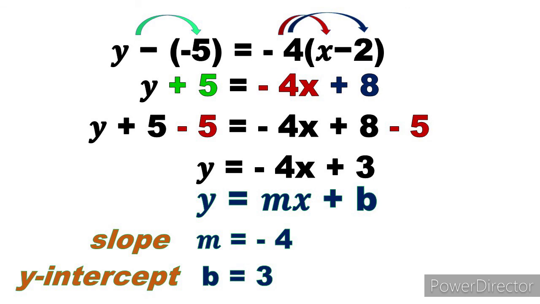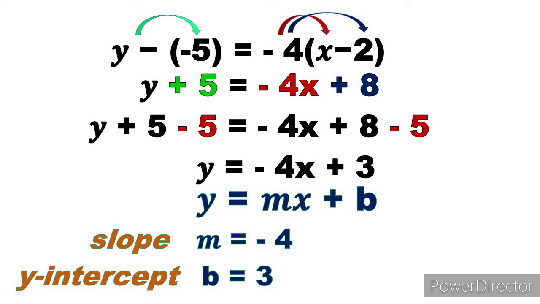Next, we distribute the sign: negative times negative 5 is positive 5. Then we distribute negative 4 to x minus 2: negative 4 times x is negative 4x, and negative 4 times negative 2 is positive 8. The new equation is y plus 5 equals negative 4x plus 8.